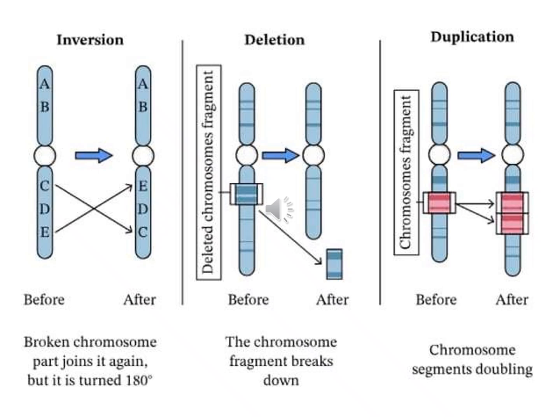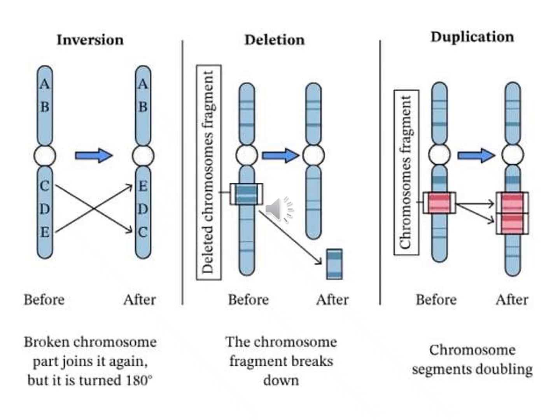So this is the picture showing before and after the inversion process. And next is deletion. Deletion means there will be a loss of chromosomal segment, and that means missing genetic material. So here the chromosome fragments break down, and that will be missing from the genetic material.